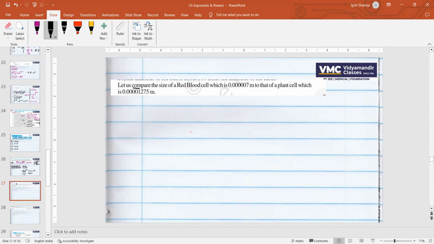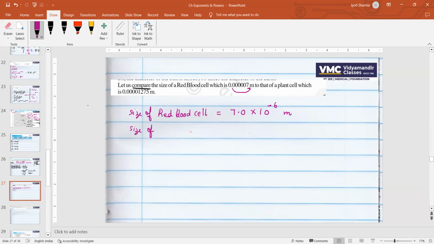So here also you are supposed to compare the size of a red blood cell to the plant cell. One is an animal cell and one is a plant cell. So again there is the option of ratio only, the same as done in your book. So the size of a red blood cell, I can write it as 7.0 into 10 to the power minus 1, 2, 3, 4, 5, 6 meter.